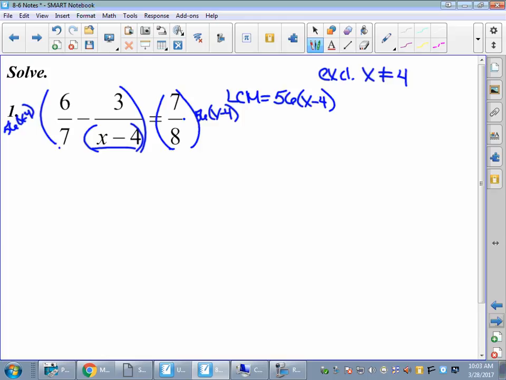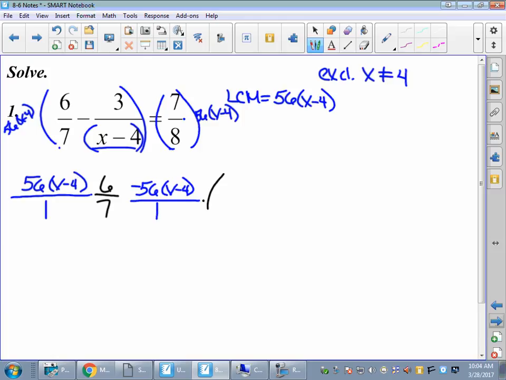So this next step is pretty big, but it's important. So we're going to do 56 times x minus 4 over 1 times 6/7 minus 56 times x minus 4 over 1 times 3 over x minus 4. Probably didn't need that parenthesis there.